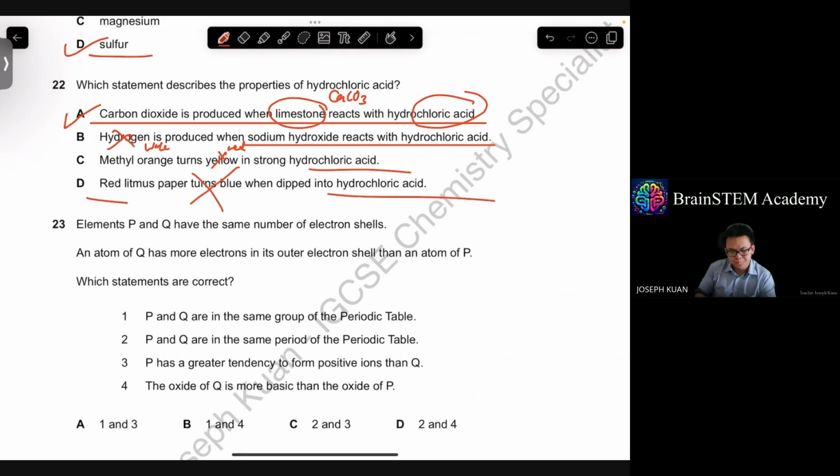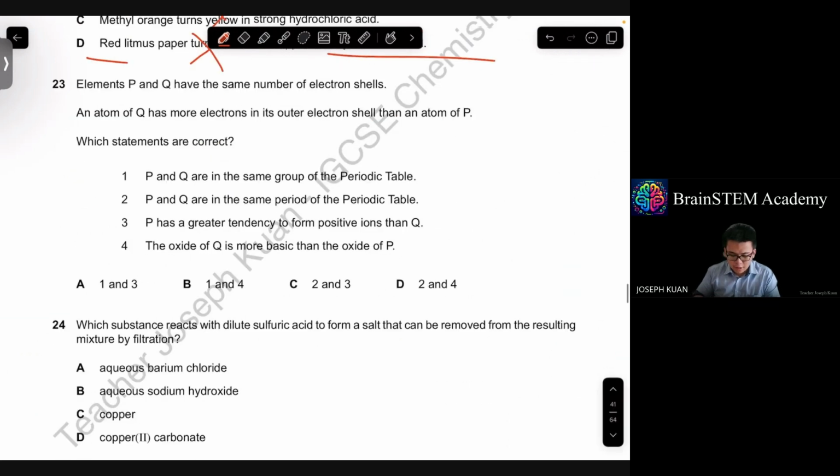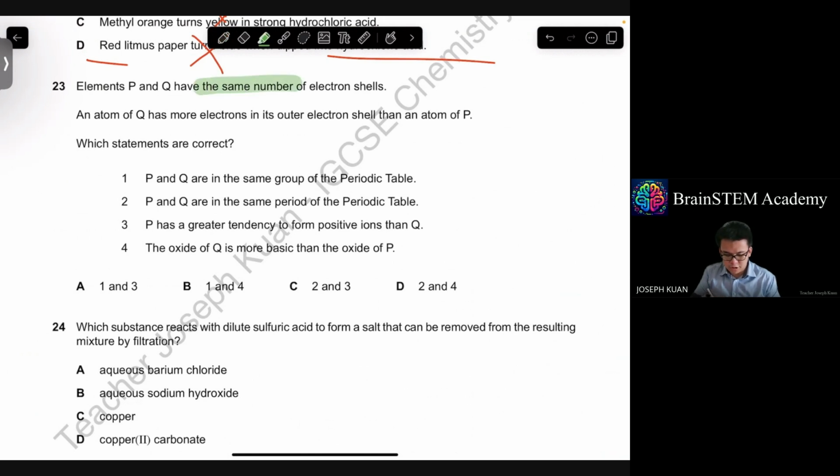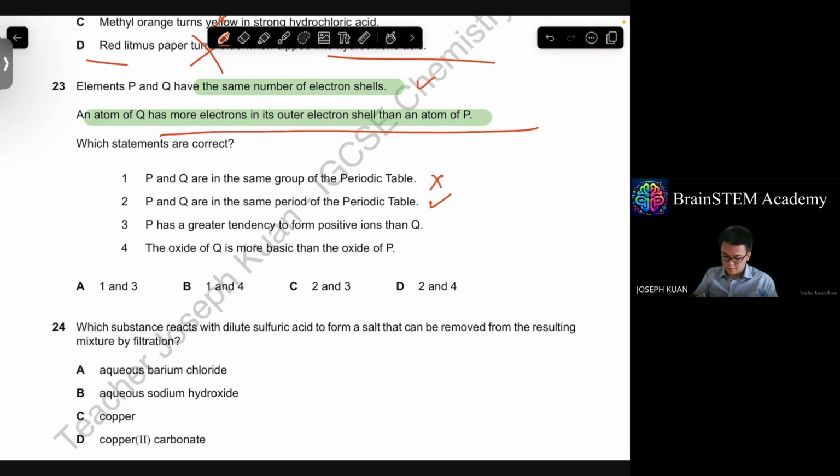Next, elements P and Q have the same number of electron shells. An atom of Q has more electrons in its outer shell than an atom of P. Which statements are correct? So given that they have the same number of electron shells, they belong to the same period, not group, because it says that Q has more electrons in the outer shell than P. So 1 is wrong, 2 is correct.